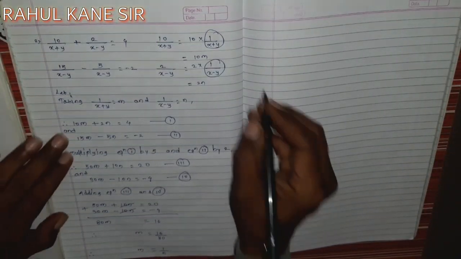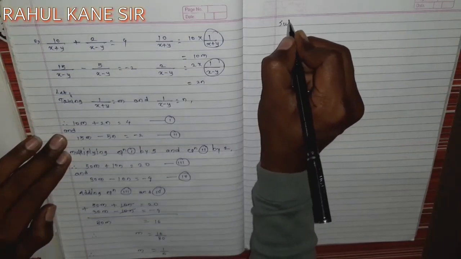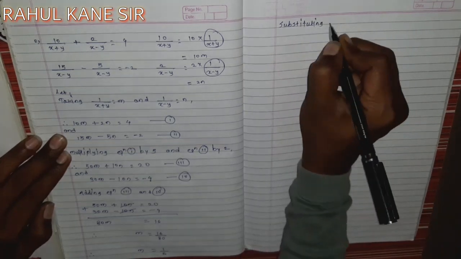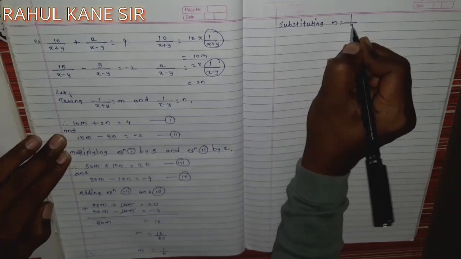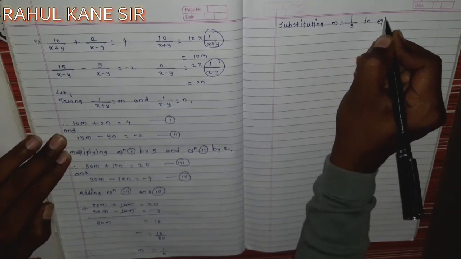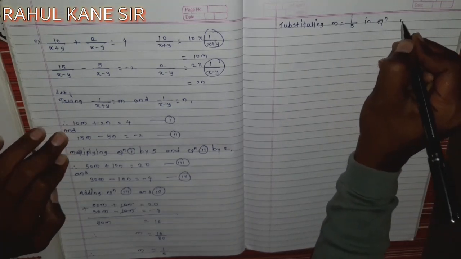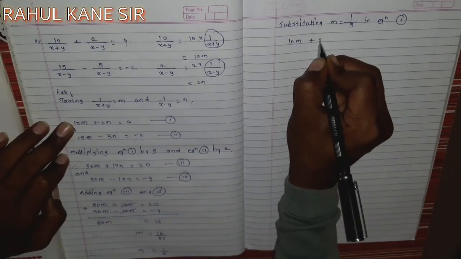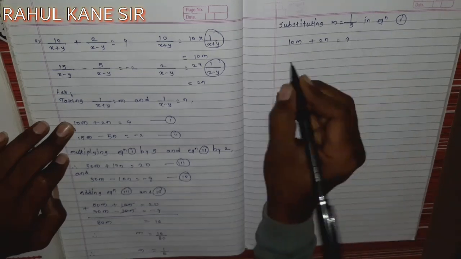Now substituting m equals 1 upon 5 in equation 1. Equation 1 is 10m plus 2n equals 4.